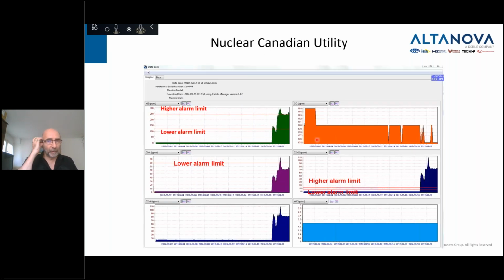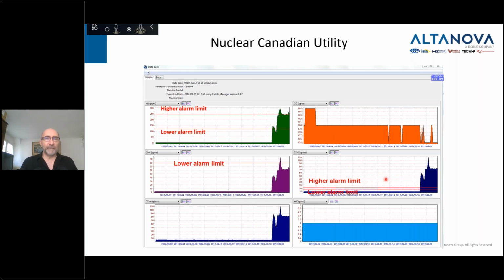Here's another example where the response time and the accuracy are absolutely critical. It happened a couple of years ago in a Canadian nuclear plant after a maintenance, where after the startup, something broke down in their transformer, and you can see in a matter of less than 24 hours, a major catastrophic increase of all the gases, especially the hydrogen, the methane, the ethylene, and the most critical of all, the acetylene, which went up as high as 110 ppm.